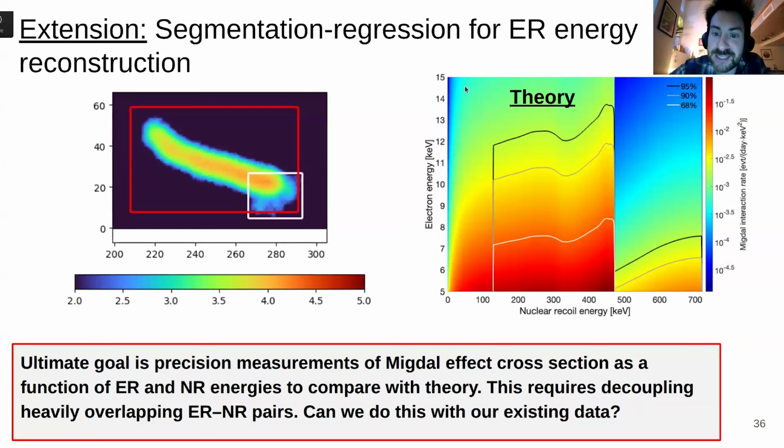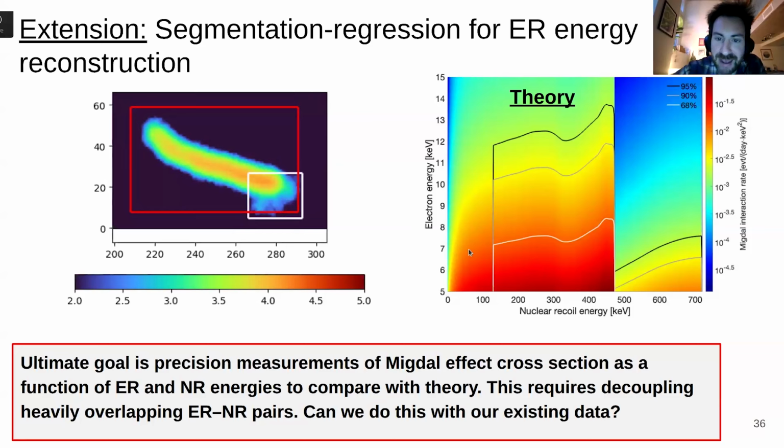We want to get enough data points ultimately to be able to validate this theory. Looking at the Migdal effect events you saw in your module, this is pretty challenging, because we need to reconstruct the nuclear recoil energy, which is not so big of a deal because the electron recoil doesn't add much to that.